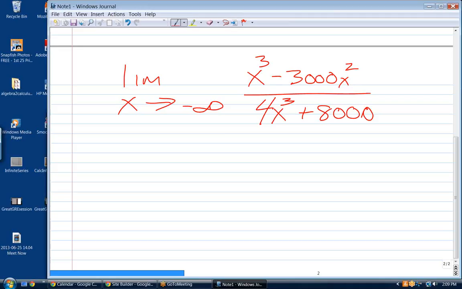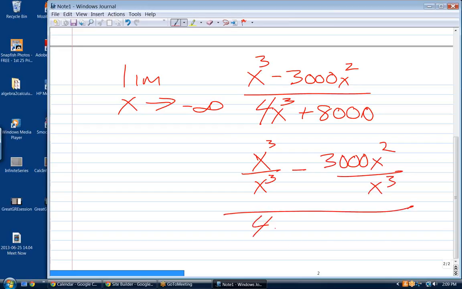So let's look at doing this a different way. If we forgot that rule, what I can do is divide every term in this relationship by x cubed. That's valid to do mathematically, because you can always divide top and bottom by the same quantity.